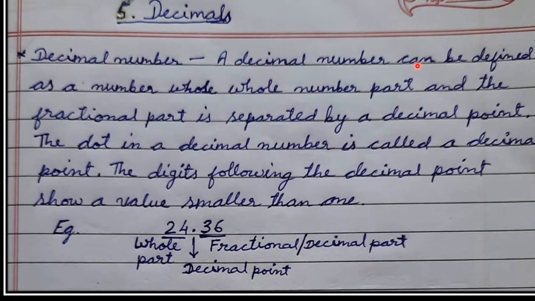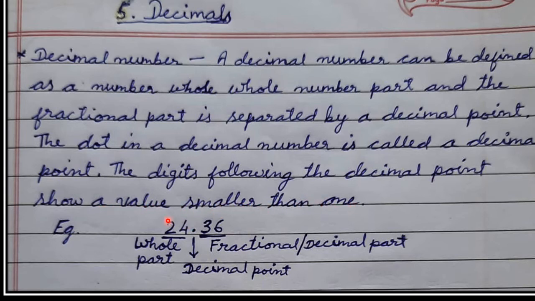The dot in a decimal number is called a decimal point. The digits following the decimal point show a value smaller than 1.